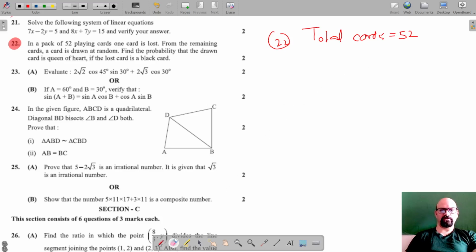So if one card is lost, that means the total cards with us is 51. We have to find the probability of the queen of hearts.